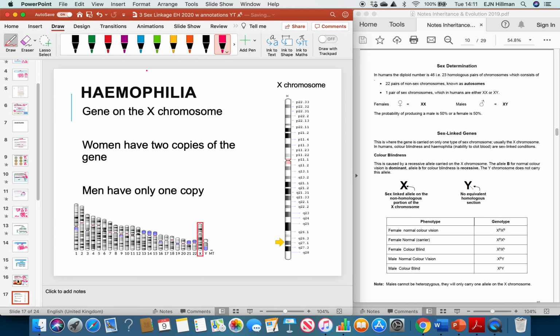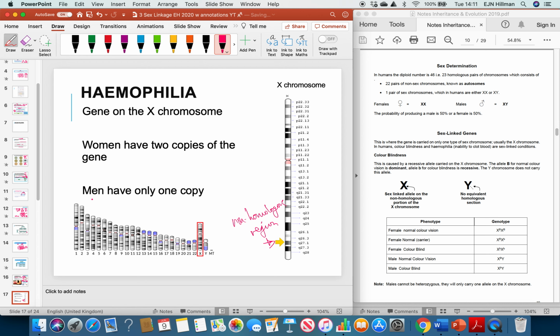There it is. Haemophilia is a gene on the X chromosome, just down here. There's its locus on the X chromosome, and it's present on that non-homologous region of the X chromosome. So it's not present on the Y chromosome.